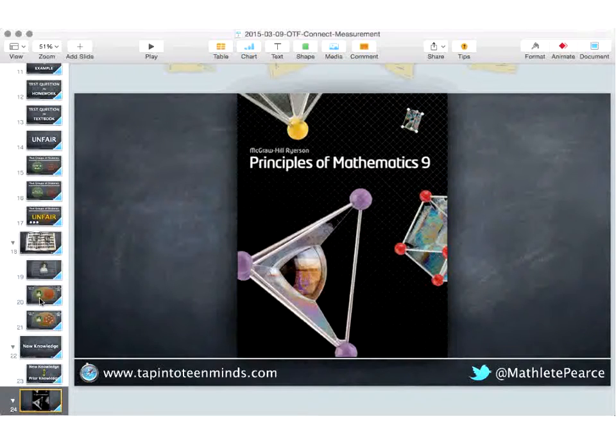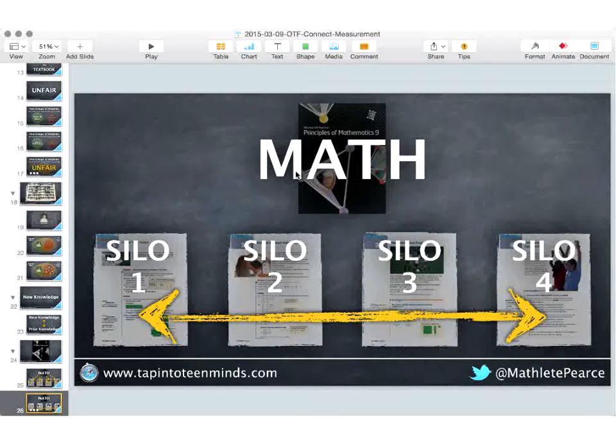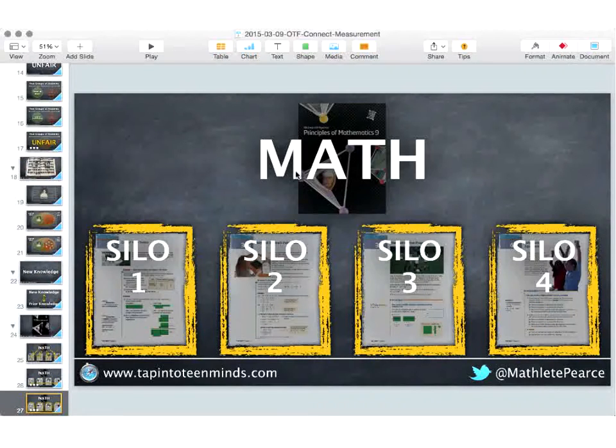But the piece I want to talk about tonight is that textbooks oftentimes will actually silo the work down into different sections, which are ultimately supposed to connect to each other, but the textbook typically keeps them locked off in an independent sort of nugget.